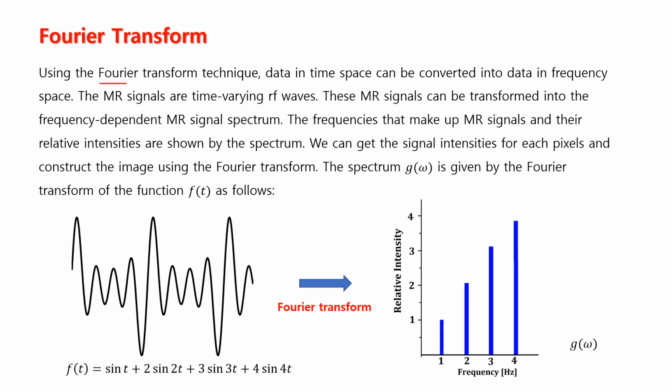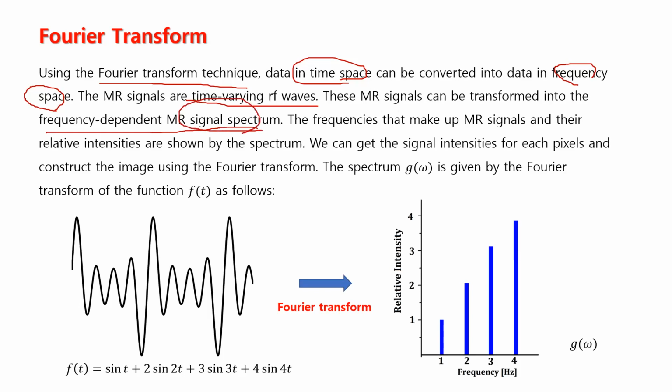Using the Fourier transform technique, data in time-space can be converted into data in frequency space. The MR signals are time-varying RF waves. These MR signals can be transformed into the frequency-dependent MR signal spectrum.